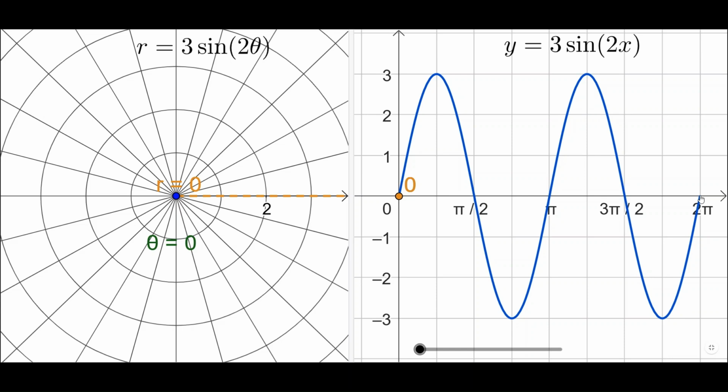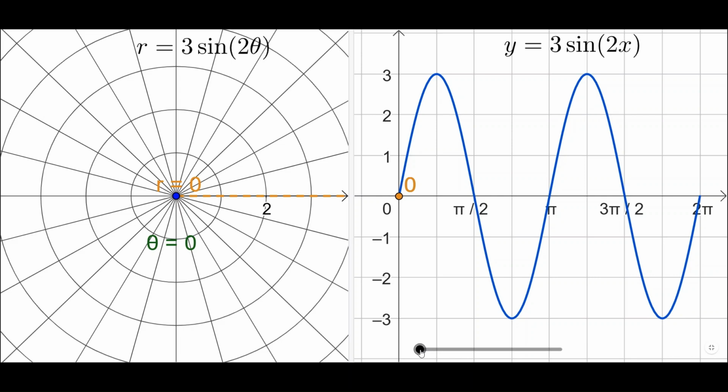And remember, what does it mean in polar coordinates for a radius to be negative? It means that it flips diagonally across the origin. We saw this when we looked at our limacon graph too. Anywhere that our sinusoidal graph is below the x-axis means that the corresponding part of the polar graph is going to flip in the opposite direction of our angle. So keep that in mind as we look through this.